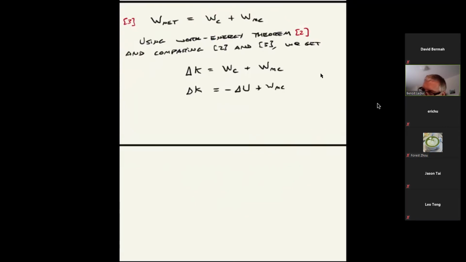Now what I'm going to do here is bring this over to this side. I can put it like this if you like. Right? And what is kinetic plus potential energy?